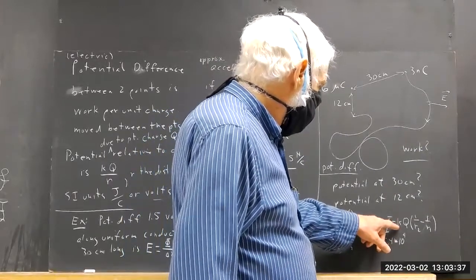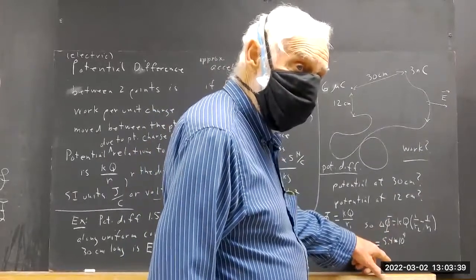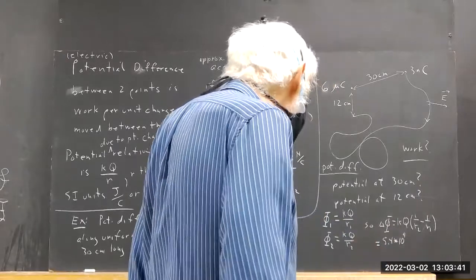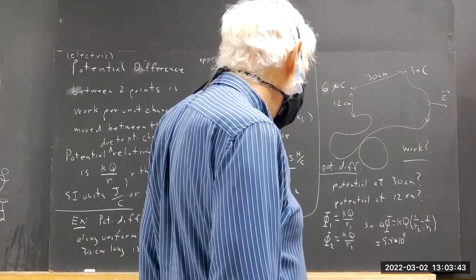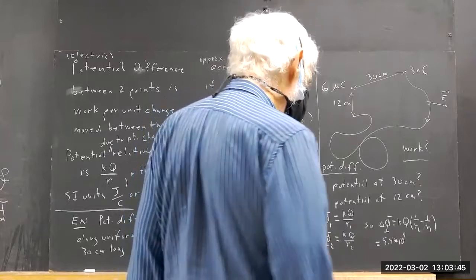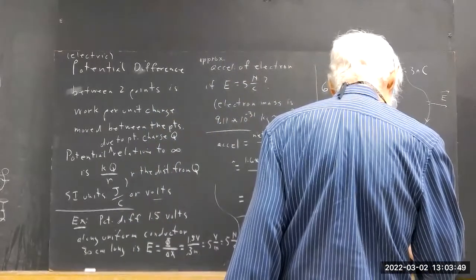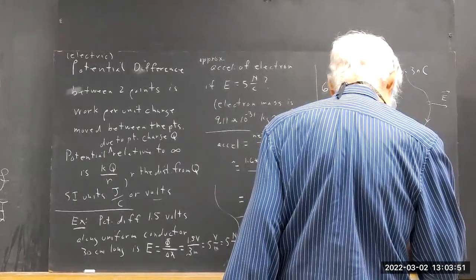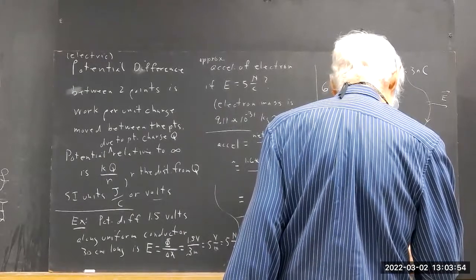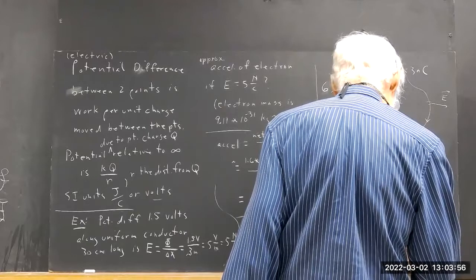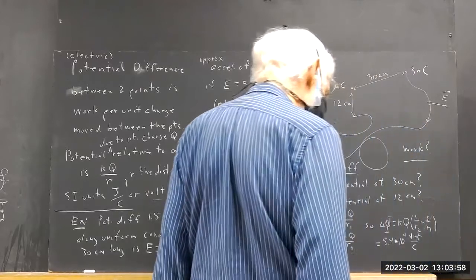It's Newton meter squared per Coulomb squared, multiplied by Coulomb, so it's Newton meter squared per Coulomb.